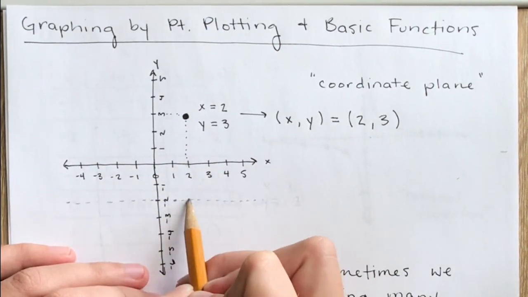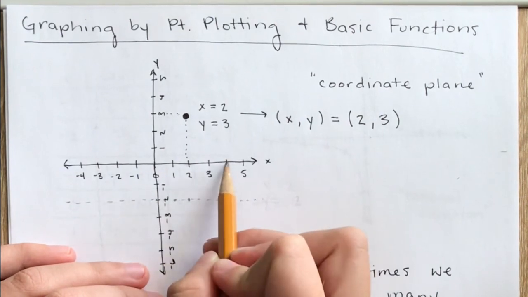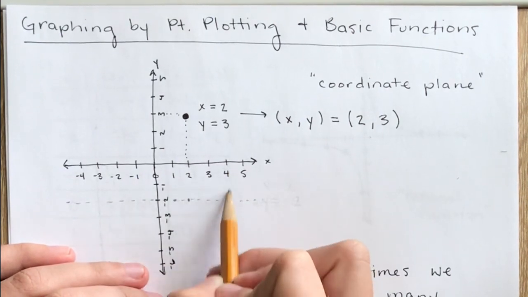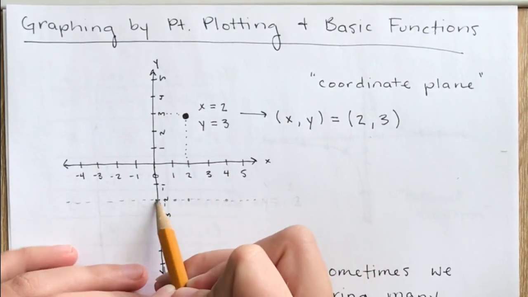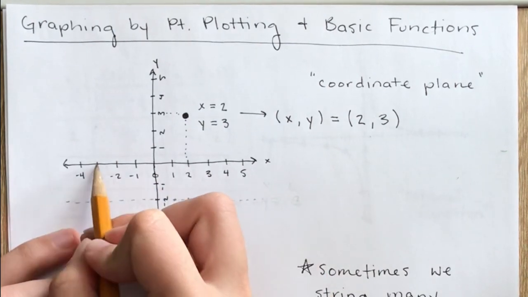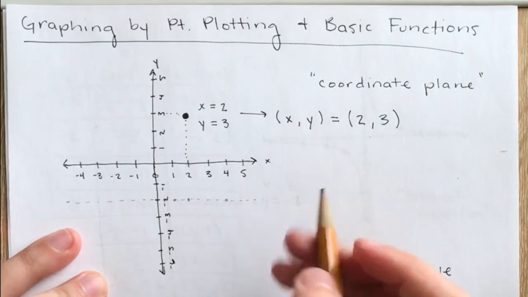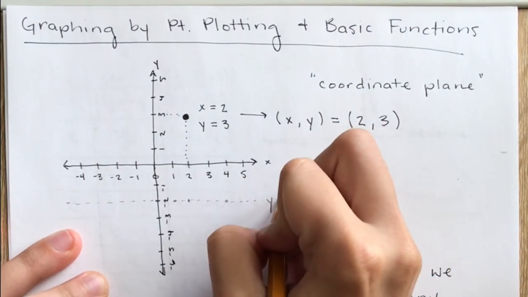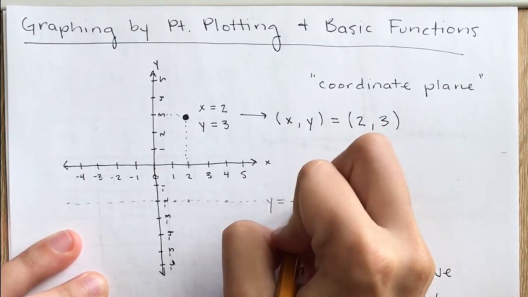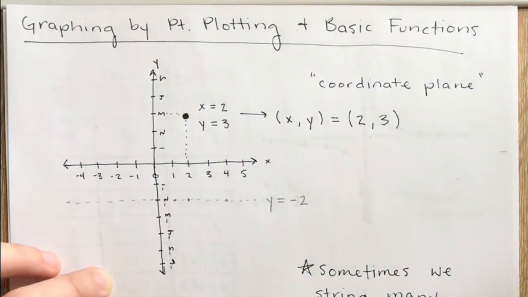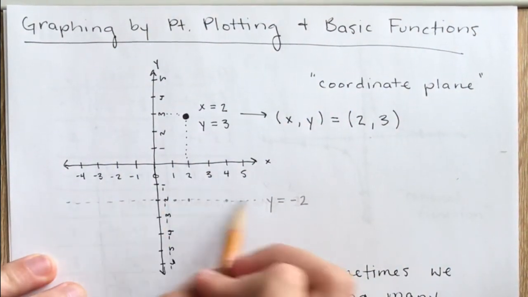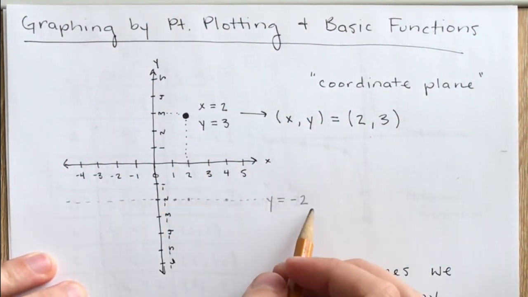This is (2, -2). This point is (4, -2). This point is (-3, -2). So all of these points have y equals -2 in common. And these are all of the points in the entire coordinate plane where y is -2.